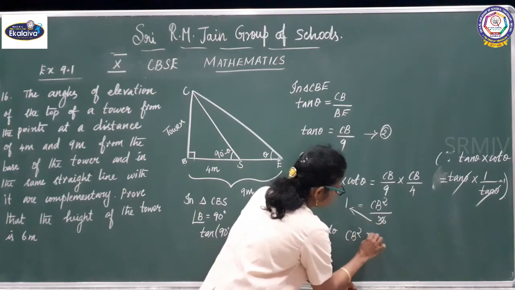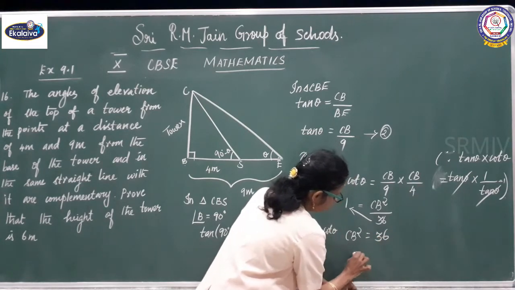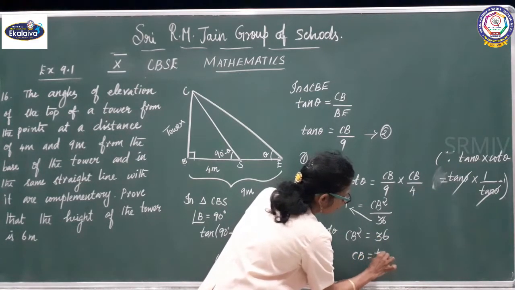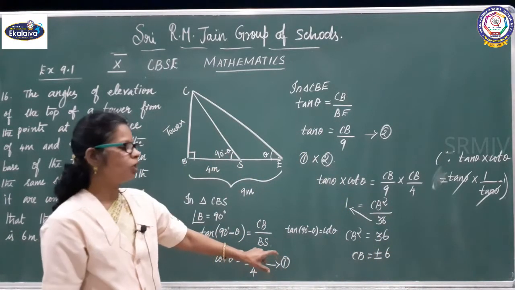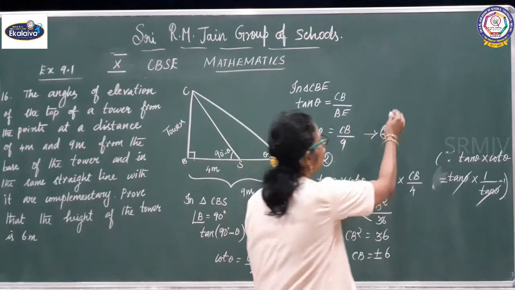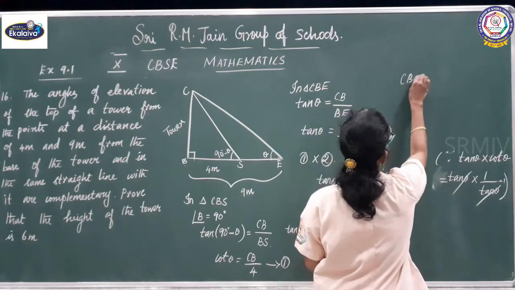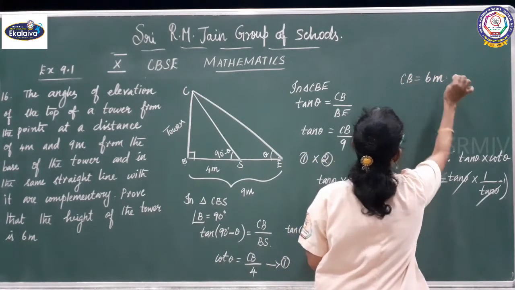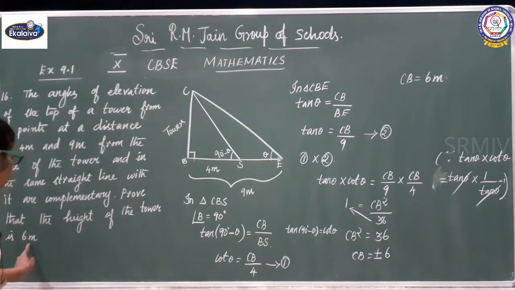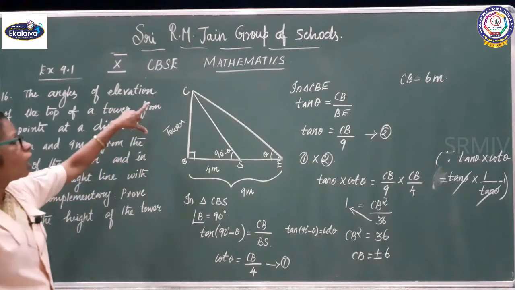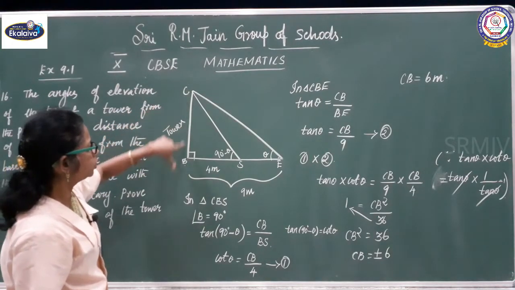CB square equal to 36. CB equal to plus or minus 6. Height cannot be negative. Therefore, CB equal to 6 meter. They said prove that the height of the tower is 6 meter. That we proved. Our height of the tower, what we consider?